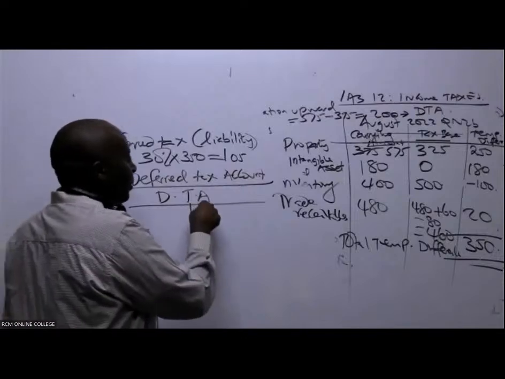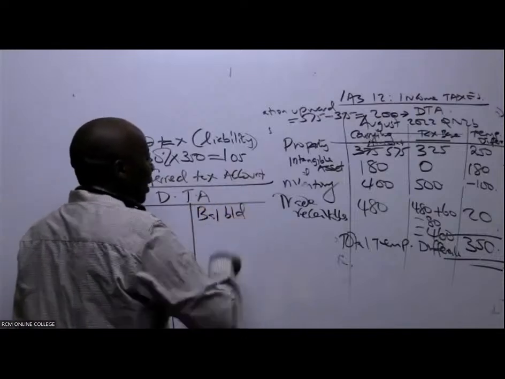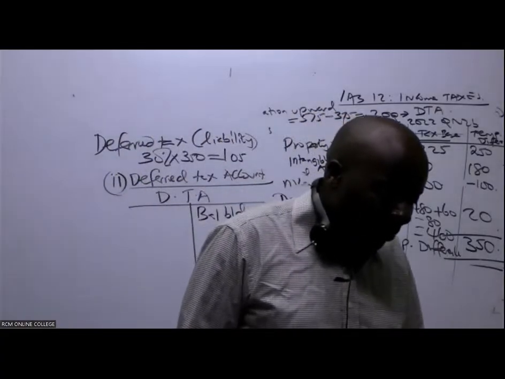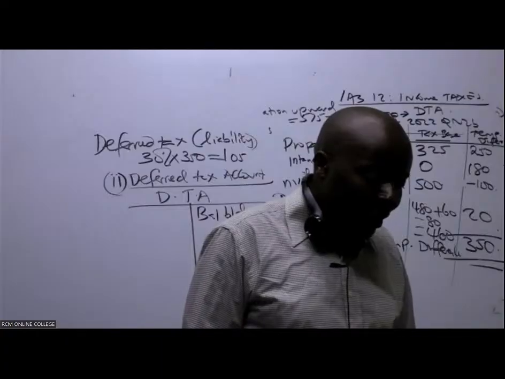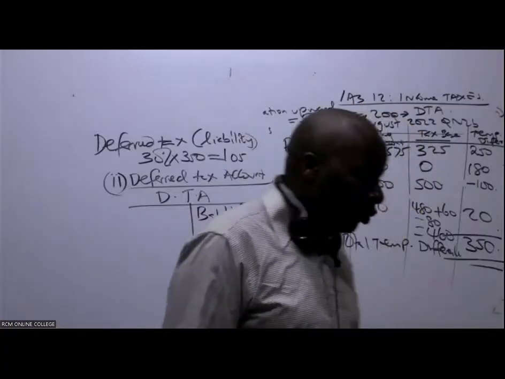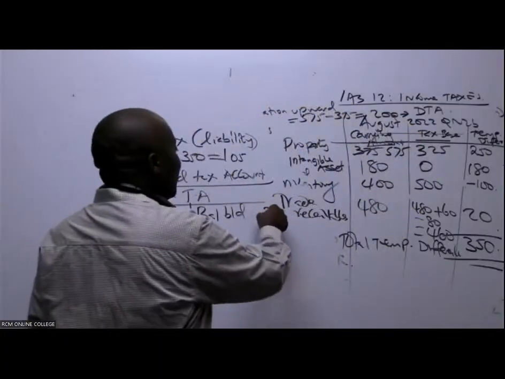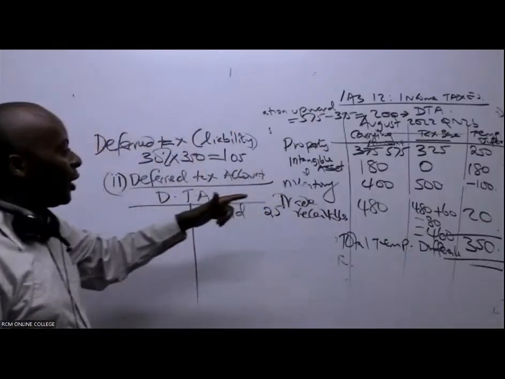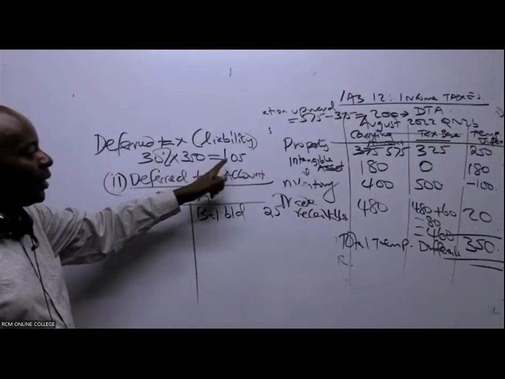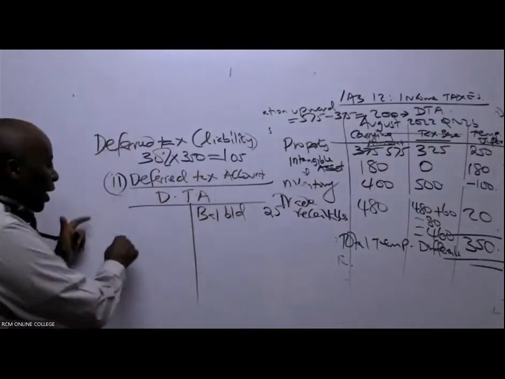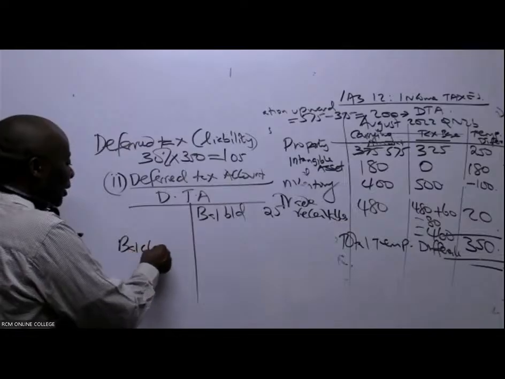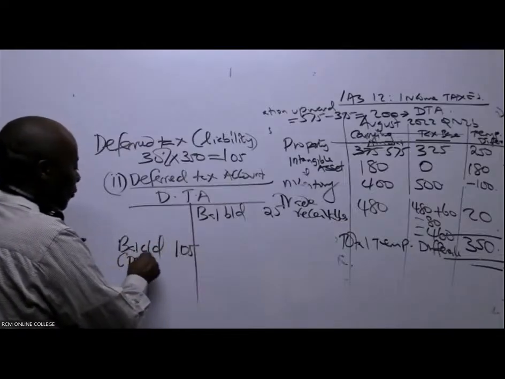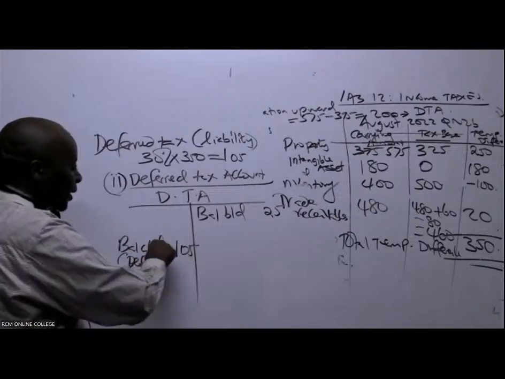So we have the balance brought down, given in note number 5. The balance on the deferred tax liability account at the beginning of the year was 25 million. So balance brought down is 25. And what we are deferring into the future, the deferred tax, is this 105. The balance carried down is this 105. This is what is deferred to the future and will not be paid in this year.